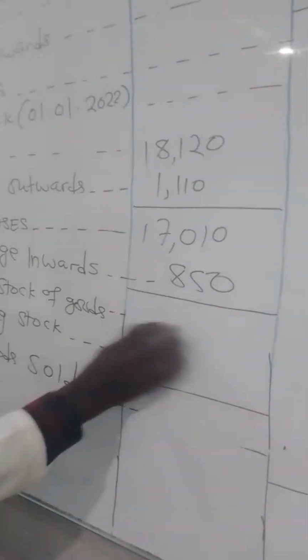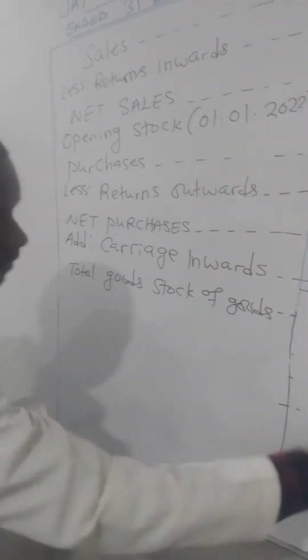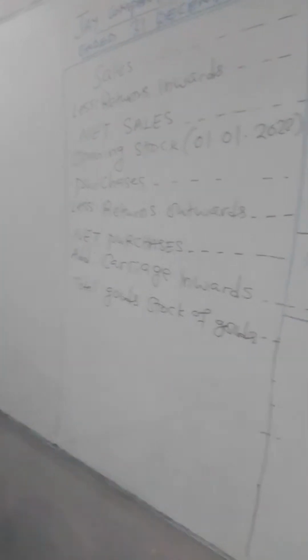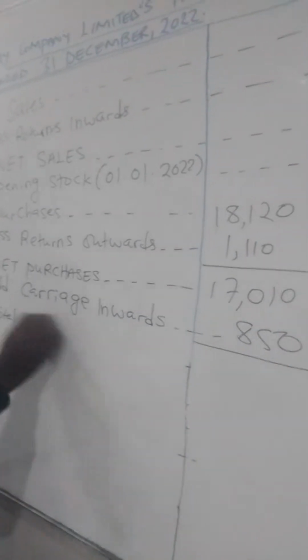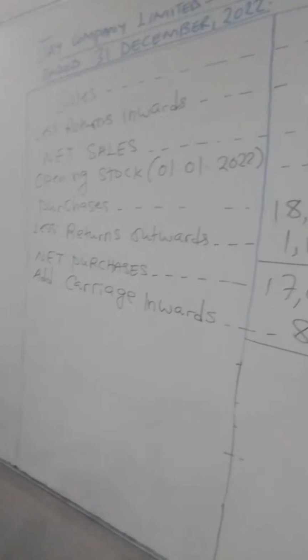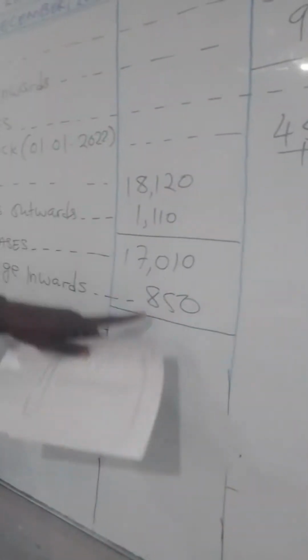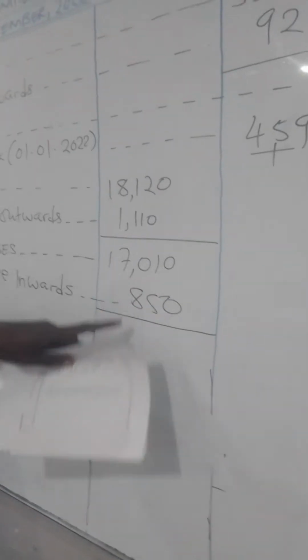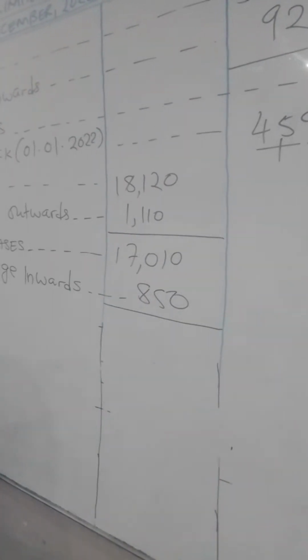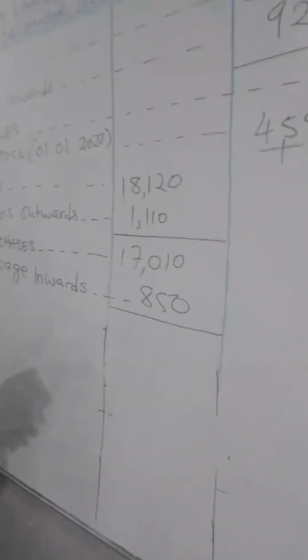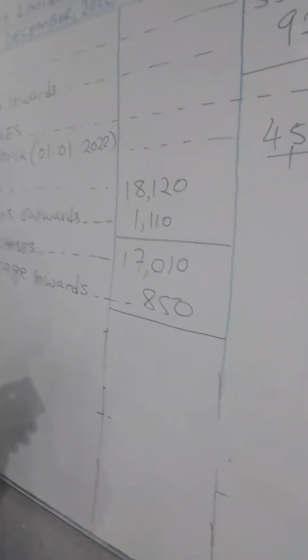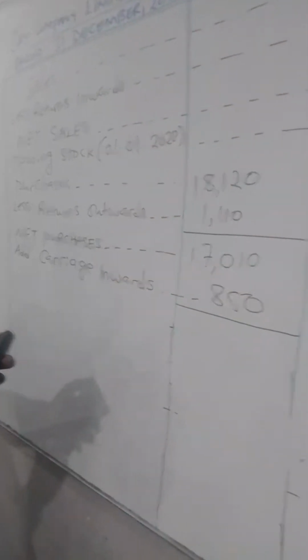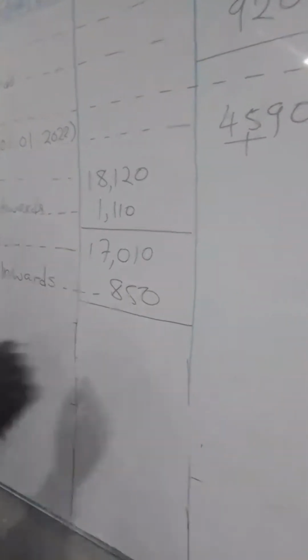Okay, so there's an error there. How much did you write? This plus this. I mean this plus this. No, I wrote 16,600. Okay, let me just check. 17,860. Oh, we are wrong. Okay, I'm supposed to get this.